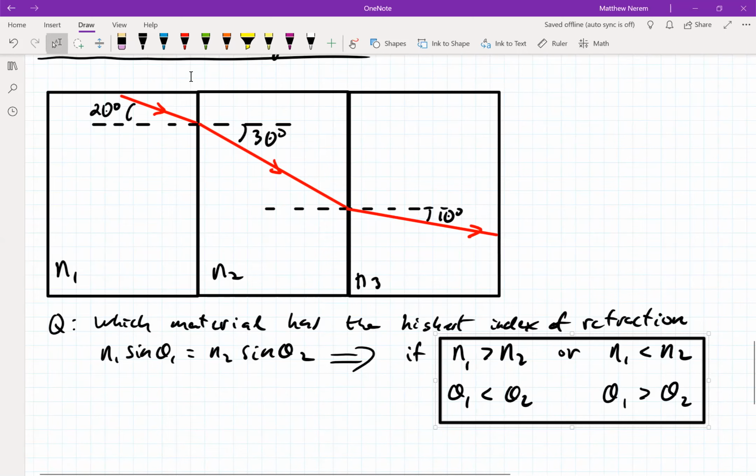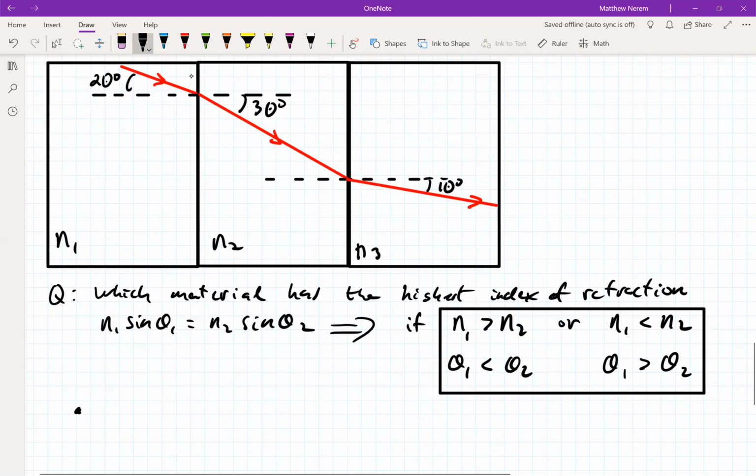So let's go through this. Look at this boundary here. And what do we find? Well, I don't know the indexes, but I do know the angles here.